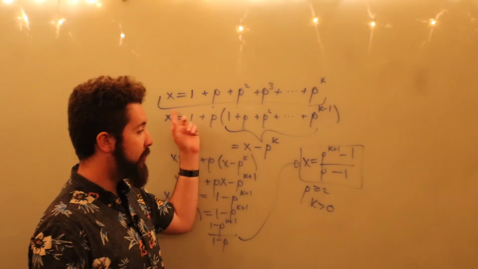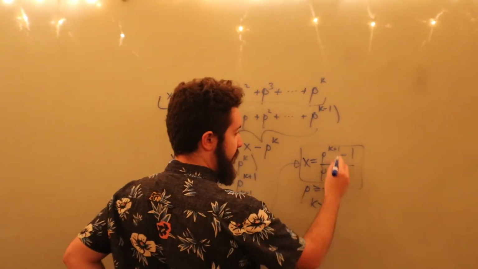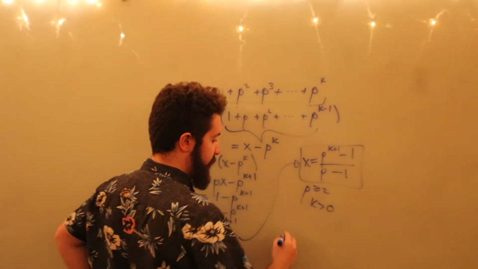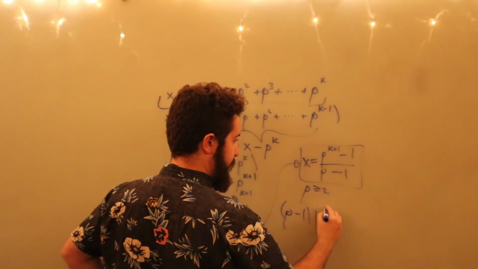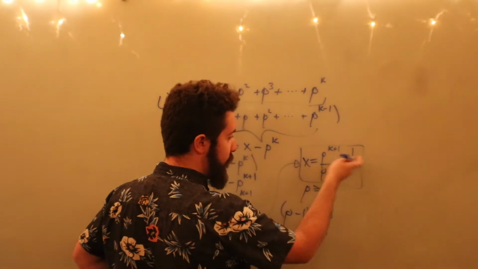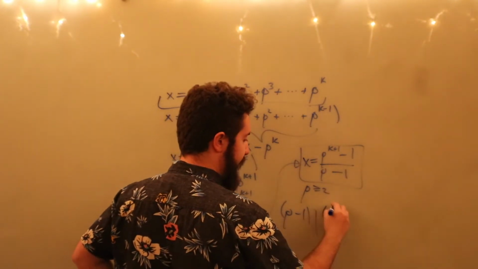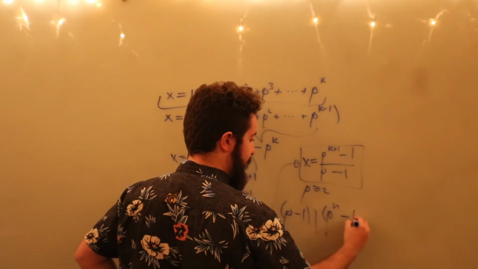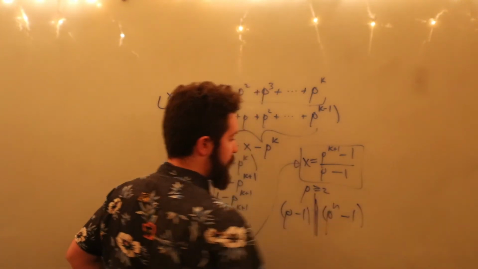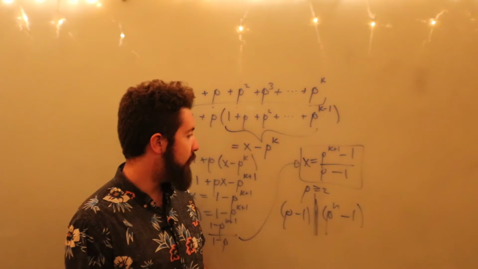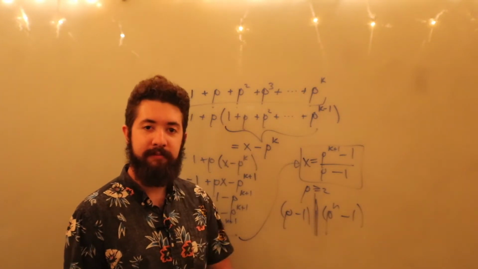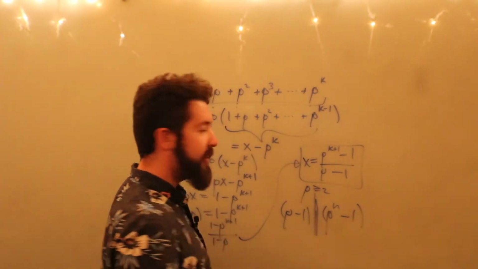So that must imply that this is always an integer, which means p minus 1 divides p to the k plus 1, or just, if you like, n, minus 1, for all p greater than or equal to 2 and for all positive n. Isn't that fascinating?